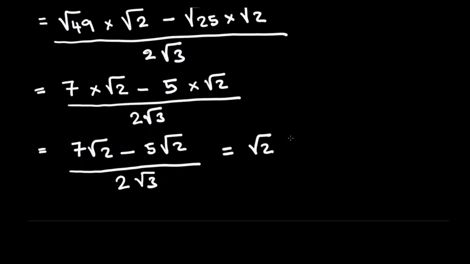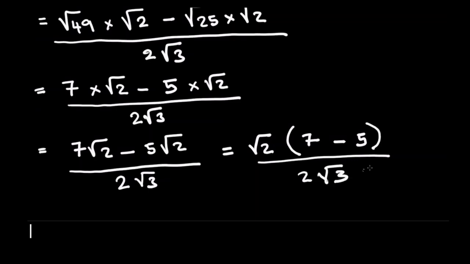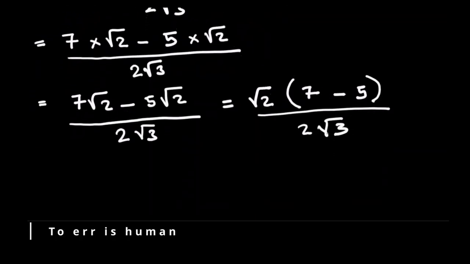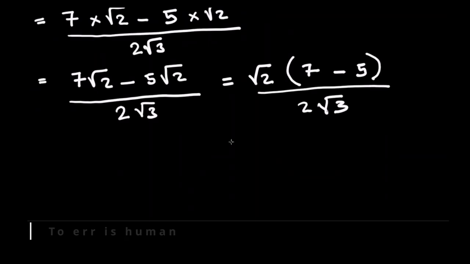So if we factor out the root of 2, it becomes 7 minus 5 over 2 root 3. It's important to always simplify, because I had suggested we leave it there, but I'm actually discovering that we have to simplify further.